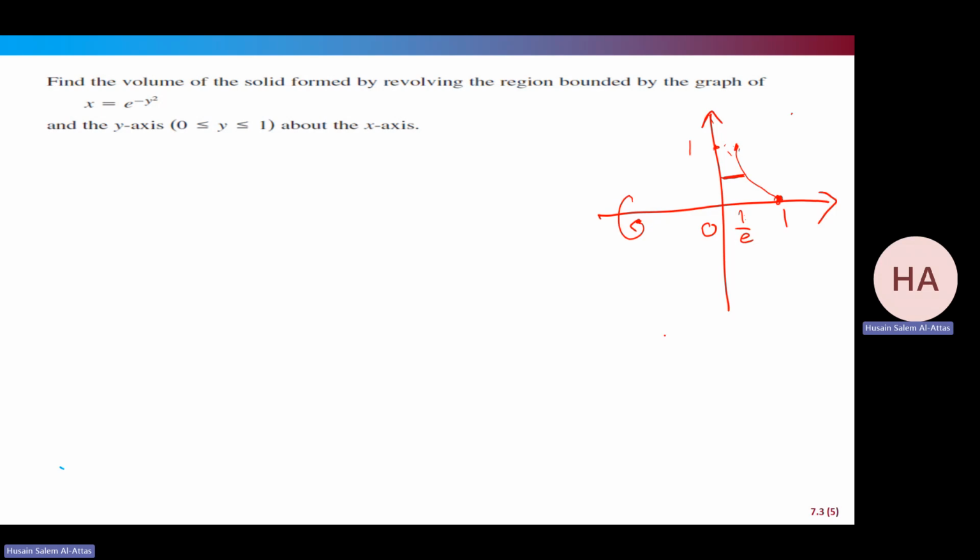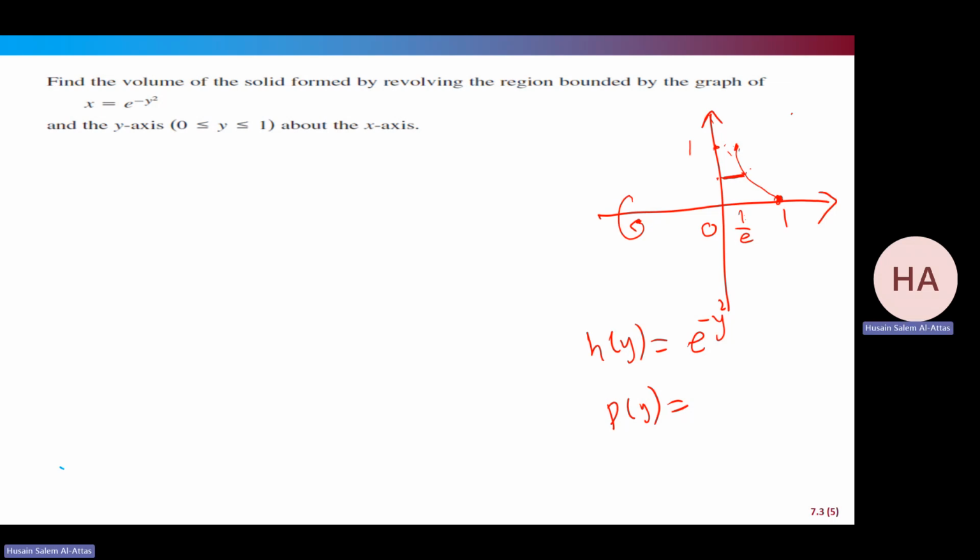Okay, so now everything in terms of y. What is p of y? What is h of y? H of y will be the function minus 0, so e to the minus y squared. As I said, I'm just sketching the curve.